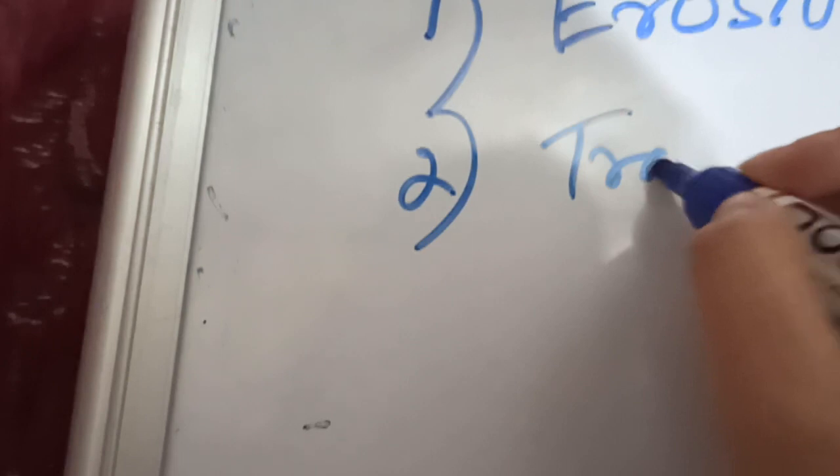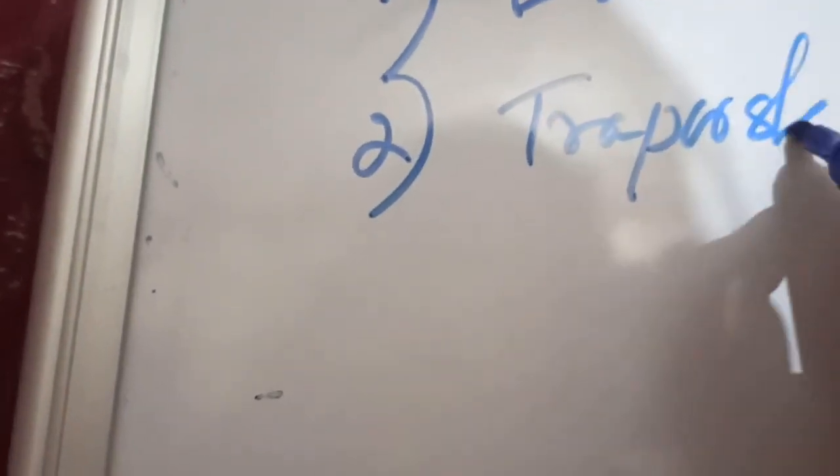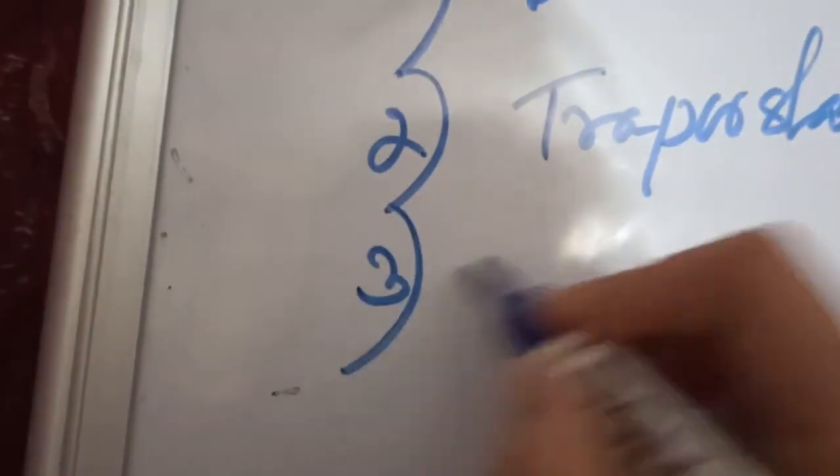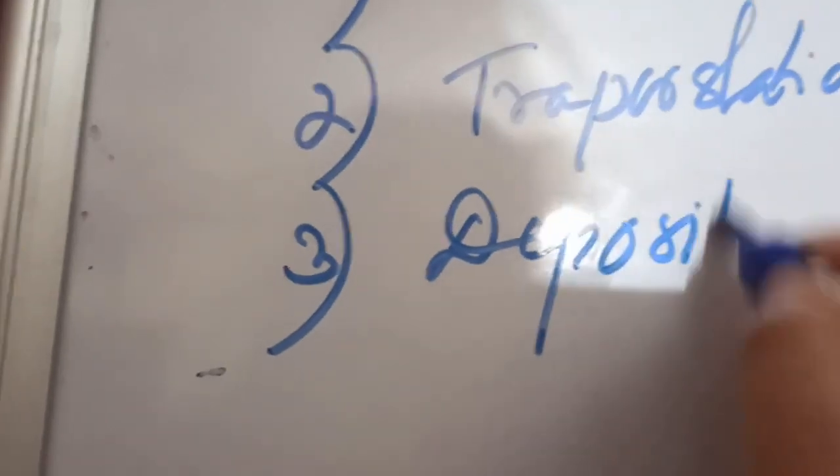So first I'm going to start with the first portion, that is, glaciers work by three processes. One is, like everything else, erosion, two is transportation, and number three is deposition. Okay, so the erosion is done by two processes.